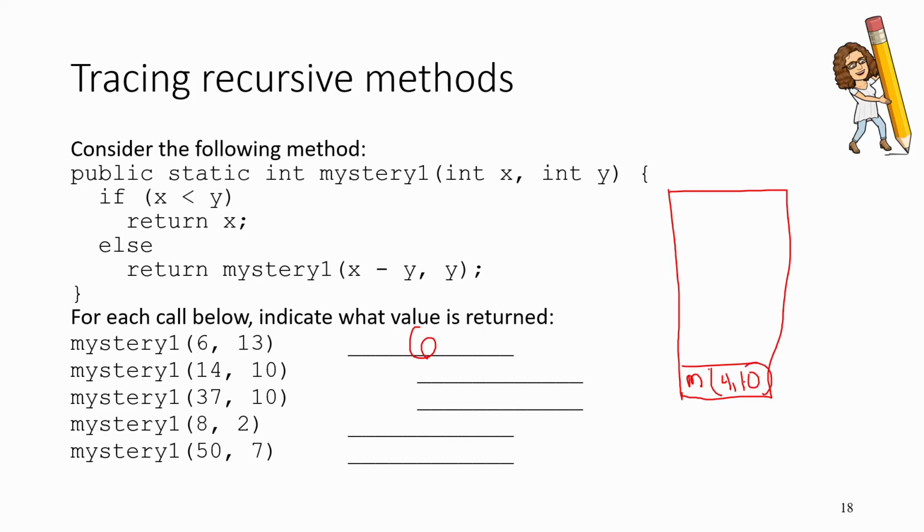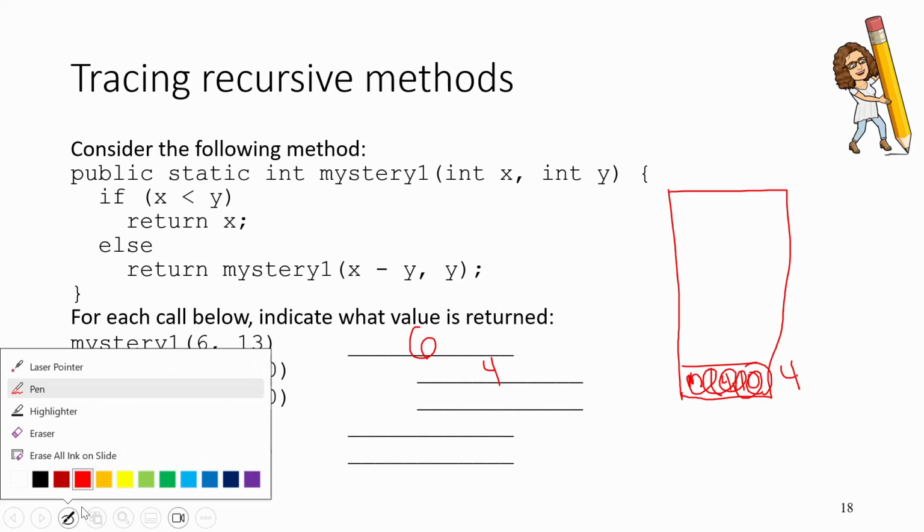Is what I popped onto the stack. So is 4 less than 10? Yes. So I'm going to return a 4. Now, if I return a 4 to here, notice that's going to possibly return quite a bit far down. So that 4, once it pops off the stack, is going to return me a 4, which goes back to 14, 10, which then just returns that 4.